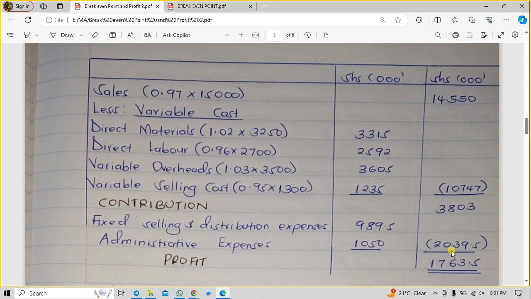Mm-hmm, 3 answers. Yes, and all of them are similar to each other. I also have the same. So let's make an assumption that that is the correct answer. So that is how you calculate break-even point in shillings.